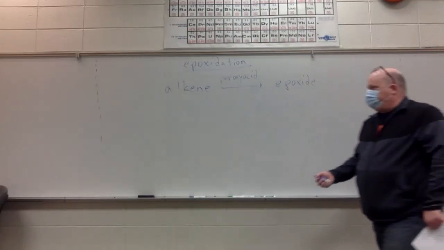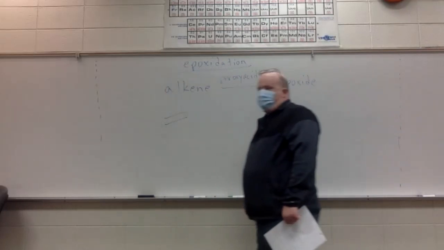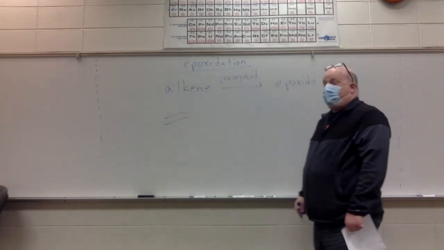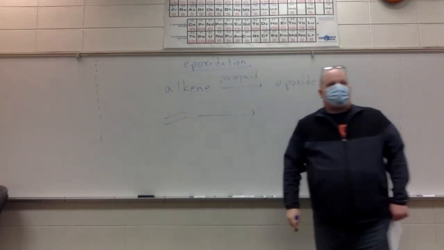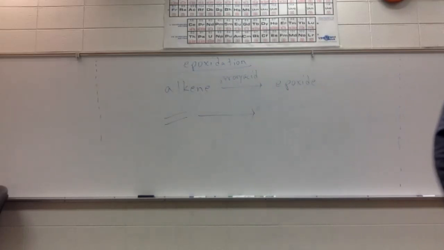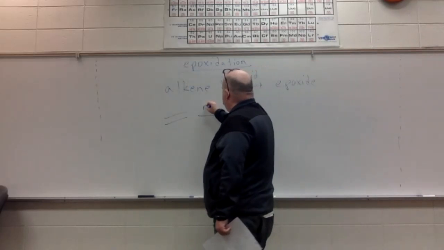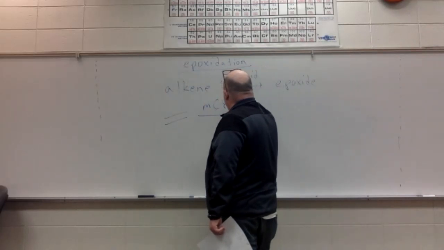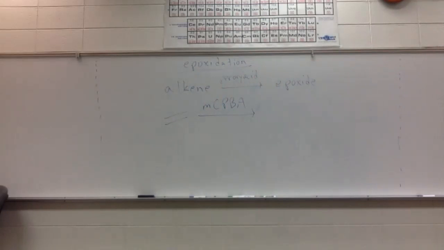So as an example of this, let's just look at the simplest example. You could take ethene. You could add peroxy acid. Far and away, the most commonly used peroxy acid for this purpose is mCPBA. You can use others, but that just happens to be a really commonly used one.